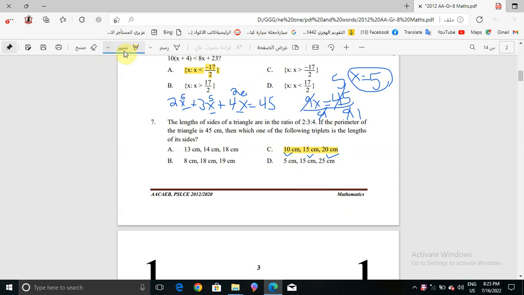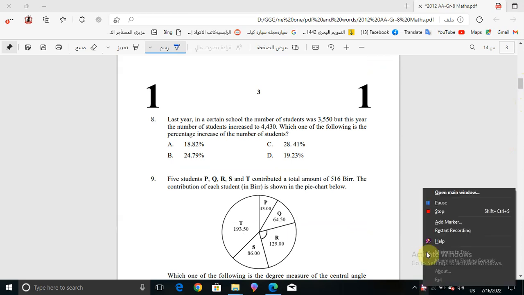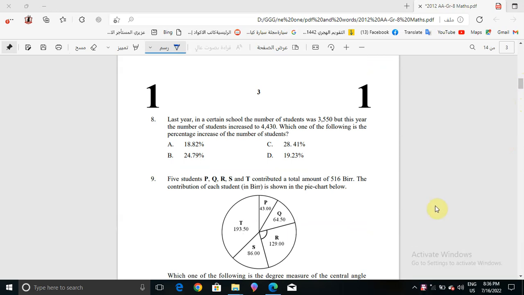Okay, now let's go for question number 8. Now in question number 8, last year in a certain school the number of students was 3,550, but this year the number of students increased to 4,430. Which one of the following is the percentage increase of the number of students?